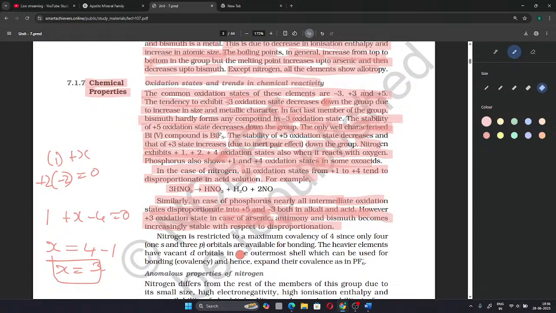This happens in both alkali and acid. However, +3 oxidation state in case of arsenic, antimony and bismuth becomes increasingly stable with respect to disproportionation.